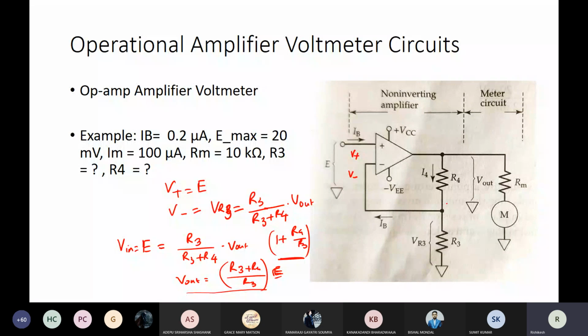So output voltage will be higher than the input voltage, and that output voltage is now driving the meter. If the input voltage is, let's say, 0 to 100 millivolts, and you set the values of R4 and R3 such that you can extend it to 1 volt, then you can drive the meter. So you are able to measure low voltages as well, right?